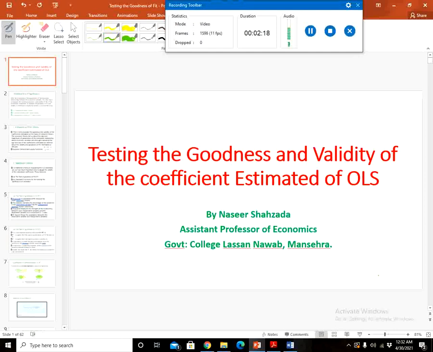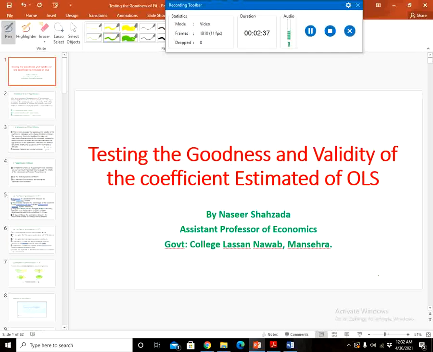So by now we have estimated the model and the coefficients. As we know, in simple OLS, the ordinary least squares method, there are only 2 coefficients.